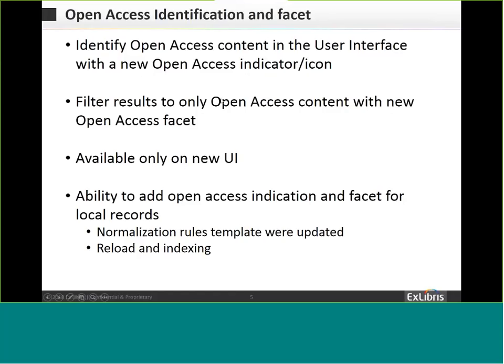And I also emphasize that we did work to allow the display of the open access and the filter on open access on the Primo Central index by identifying those collections that are considered to be free to read. So those collections will be currently displayed as open access.